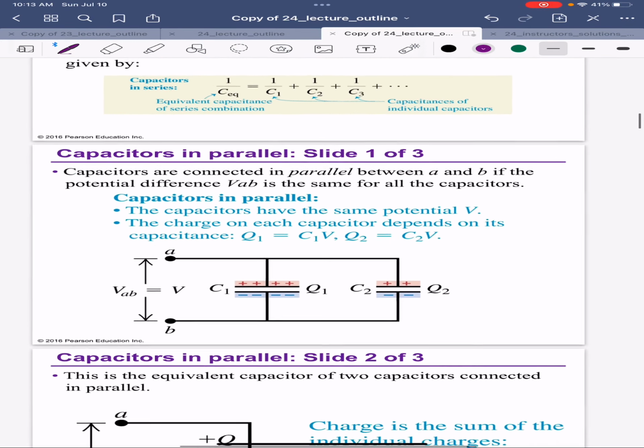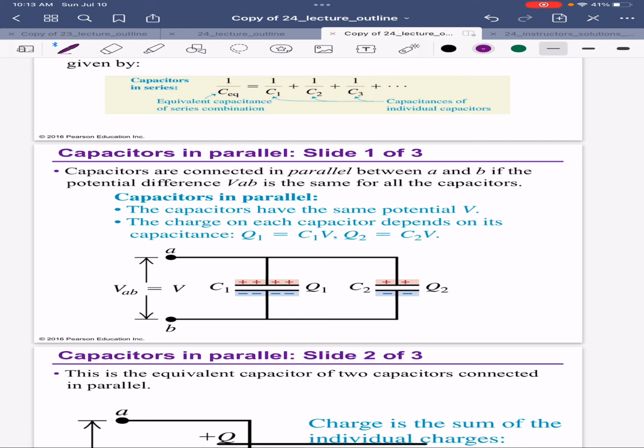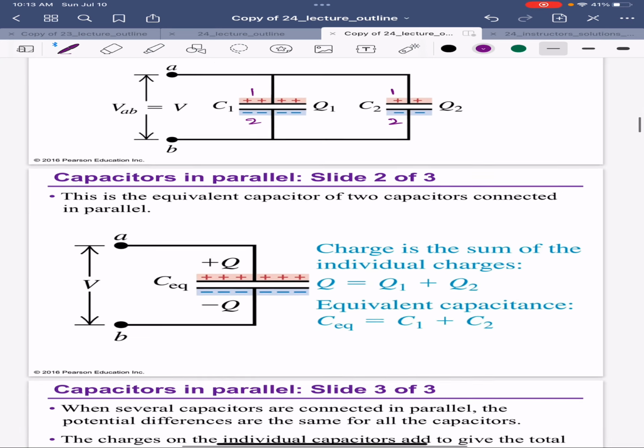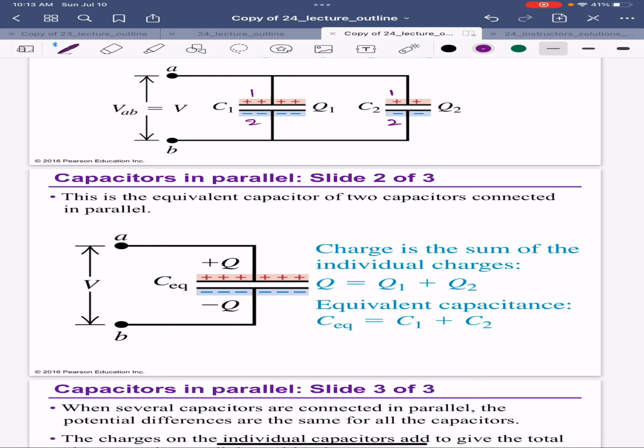Now, capacitors in parallel, which is now my hand number 1 is connected to the hand number 1, my hand 2 is connected to my hand 2, and here they have the same voltage or the same potential difference, and the charge here is going to be different. The total charge Q is going to be Q1 plus Q2, and therefore we are going to find that C equivalent is going to be C1 plus C2.